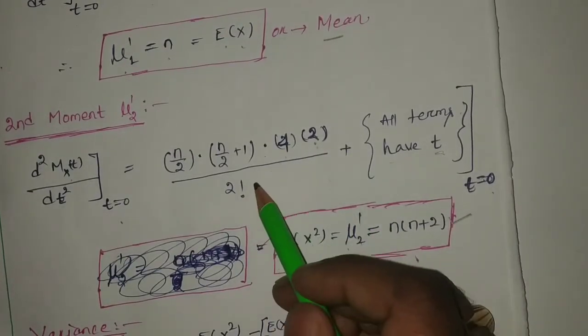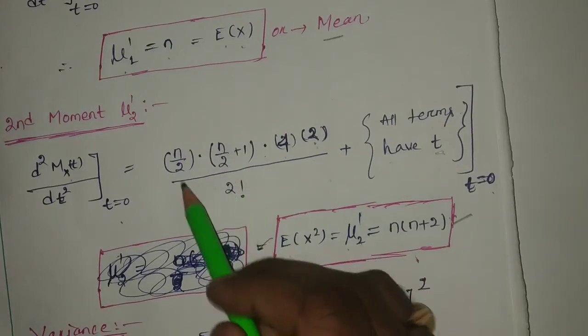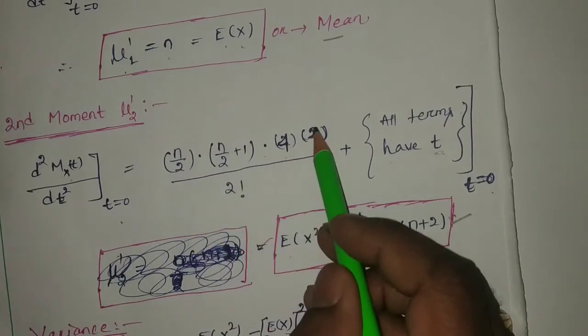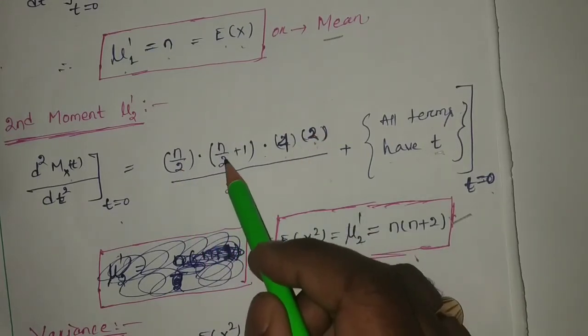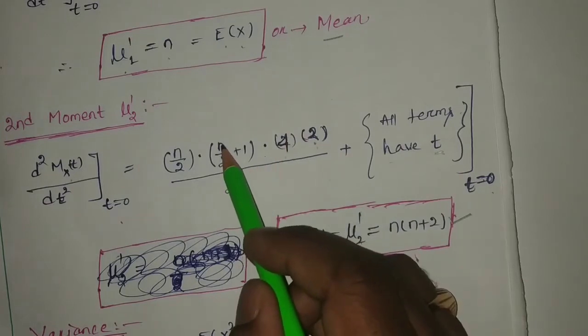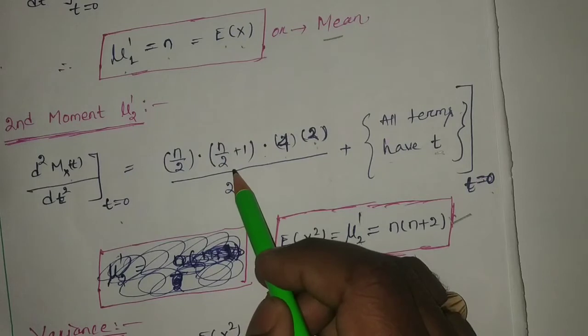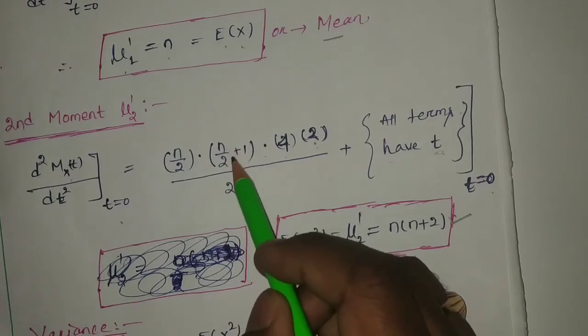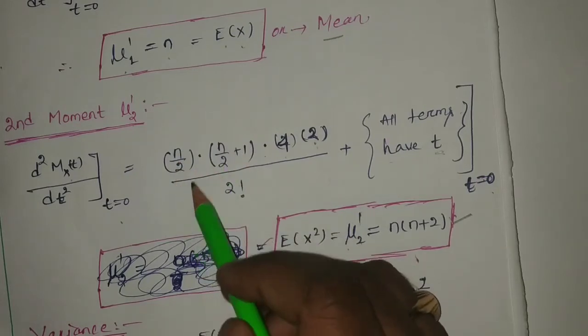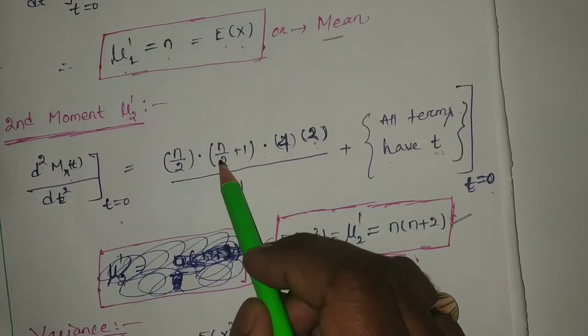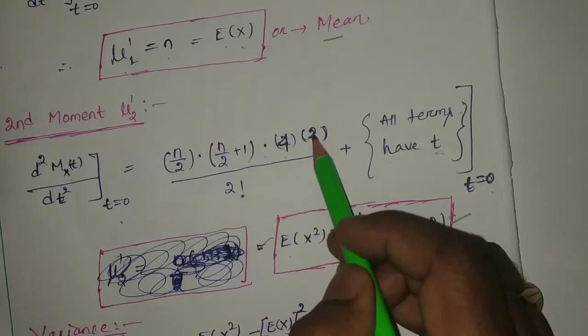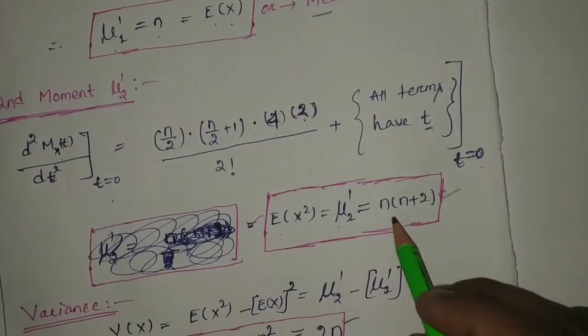Here you can see the 2 and this 2 got cancelled. Here n by 2 plus 1, this is nothing but n plus 2 by 2. Okay, n plus 2 by 2, here n by 2. So 2, 2, 4 got cancelled, here 2 is cancelled. So we find n into n plus 2.